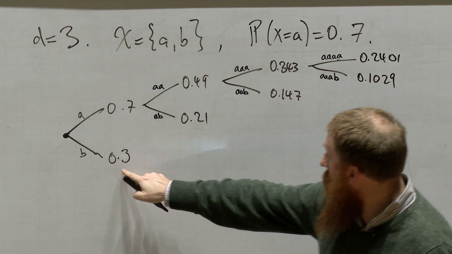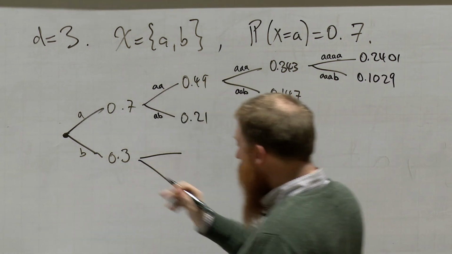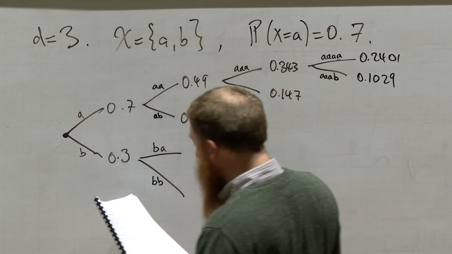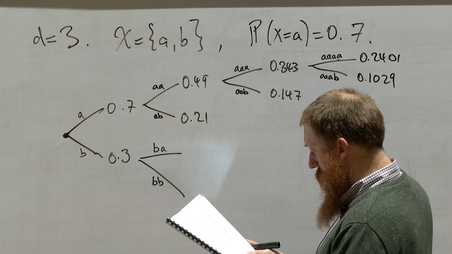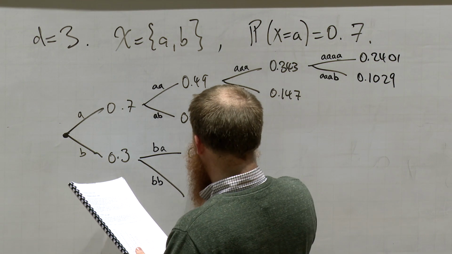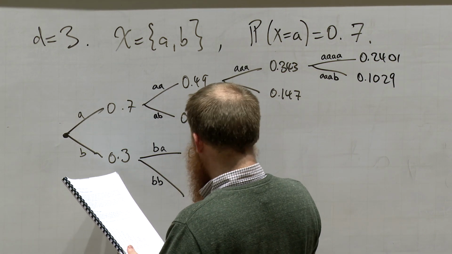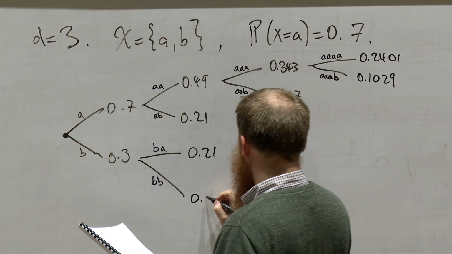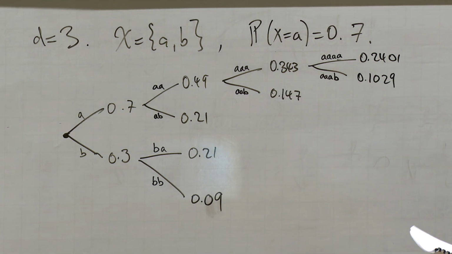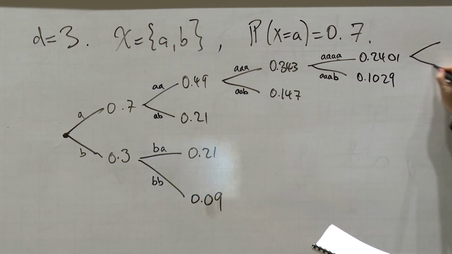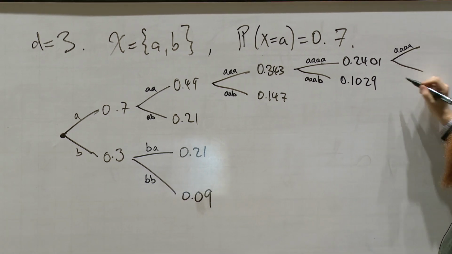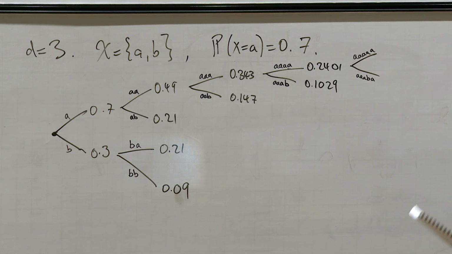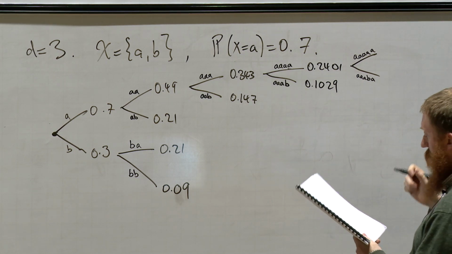Biggest probability is now here, so let's split this into two. 0.3, so I get BA and BB. And where are we? So this has probability 0.21 and 0.09. Okay, next. Oh, split this one again. So 5 A's here, with probabilities.